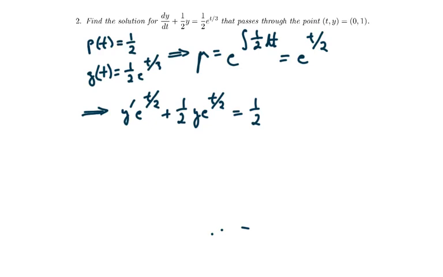Now e to the t over 3 times e to the t over 2 is e to the 5t over 6. So that's 1/2 plus 1/3, which is going to give you 5/6.